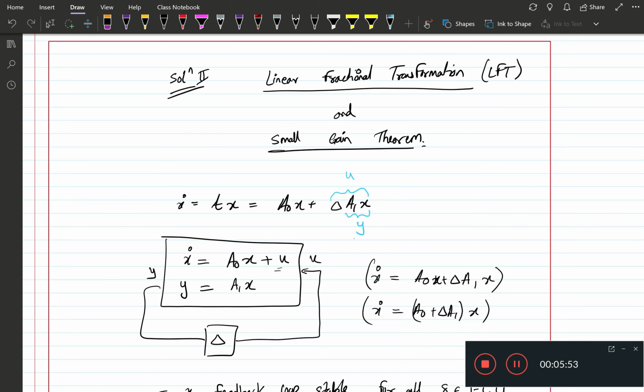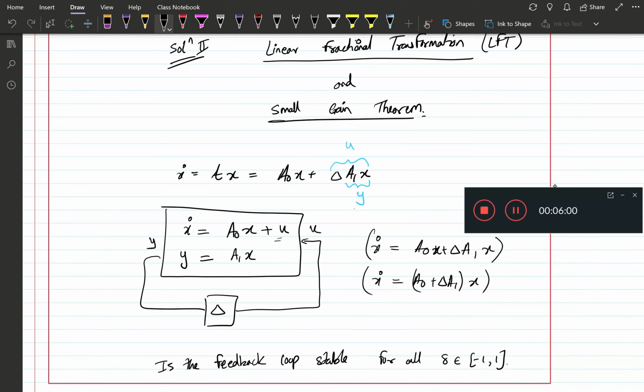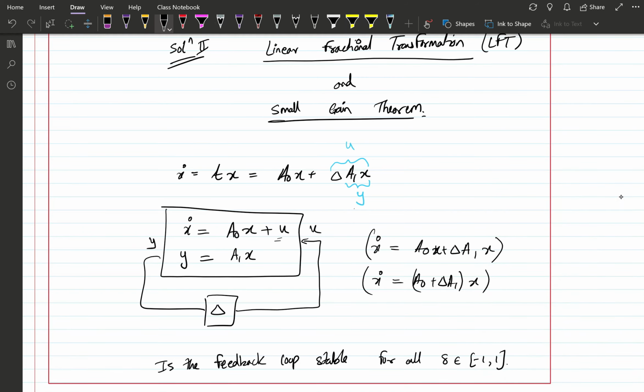Now we can ask the question whether this feedback loop is stable for all deltas between -1 and 1, where Delta is now small delta times identity, and delta is between -1 and 1. So let's see how this works.